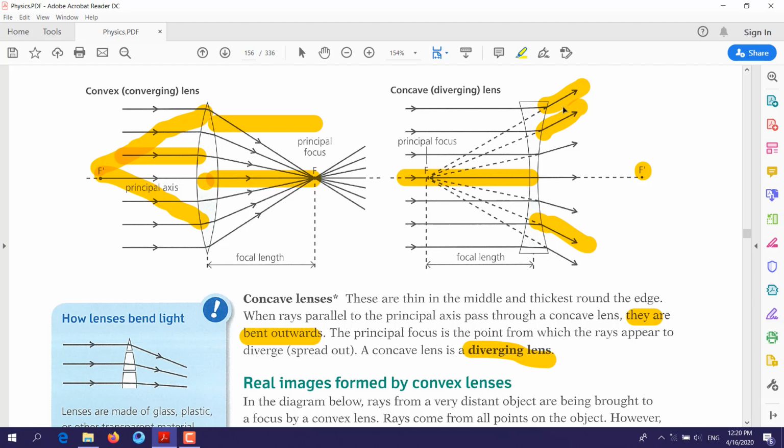Now, if we draw imaginary lines of this light, we will see all the lines meet at a point. This point we call the principal focus.